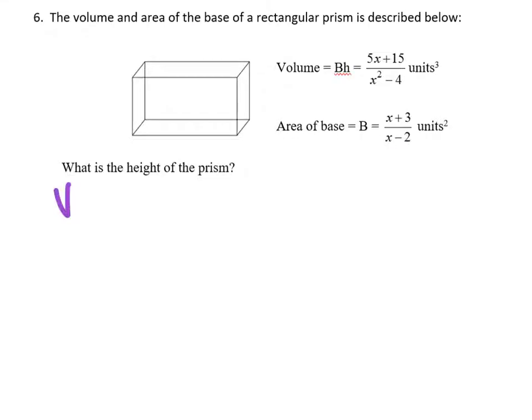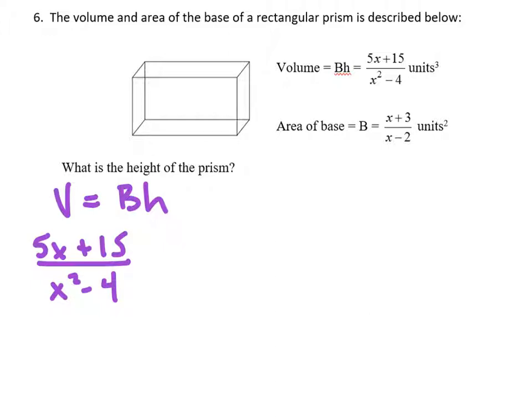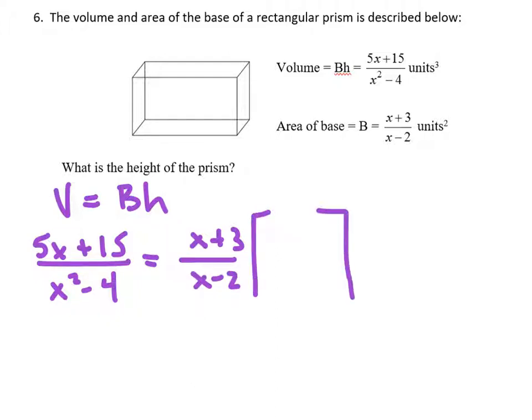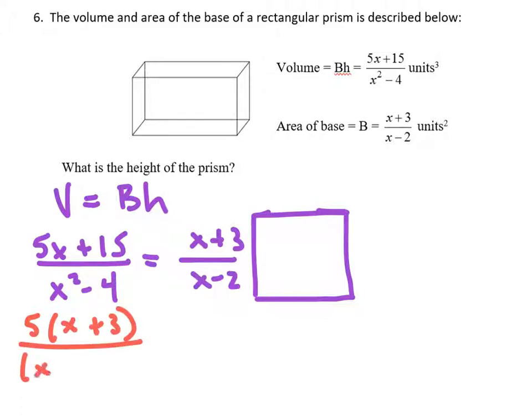Start with the premise that volume equals base times height. They tell us that the volume is 5x plus 15 all over x squared minus 4. And that's going to equal x plus 3 over x minus 2 times something else. So we have to figure out what that something else is. One of the tricks we can pull here is if we factor this, we might recognize it a little easier.